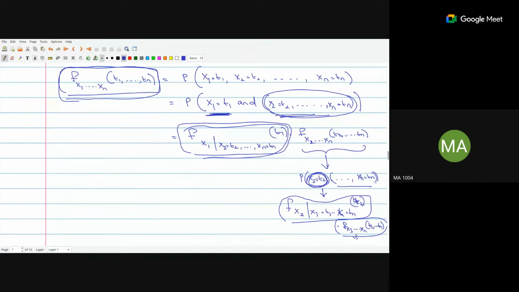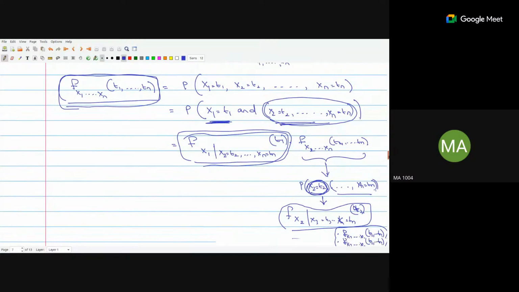Now treat x3 as some random variable and x4 to xn as another joint random variable. Again split it into factorized form.